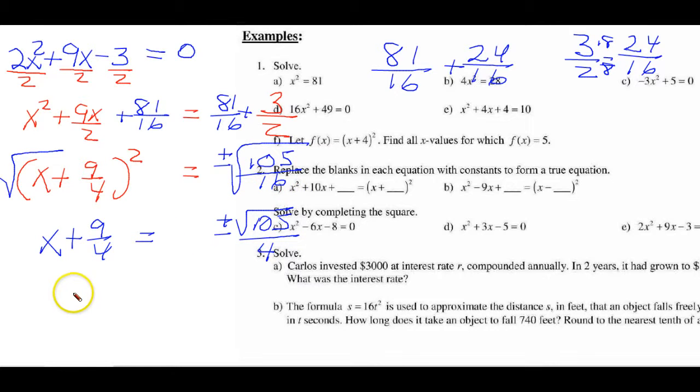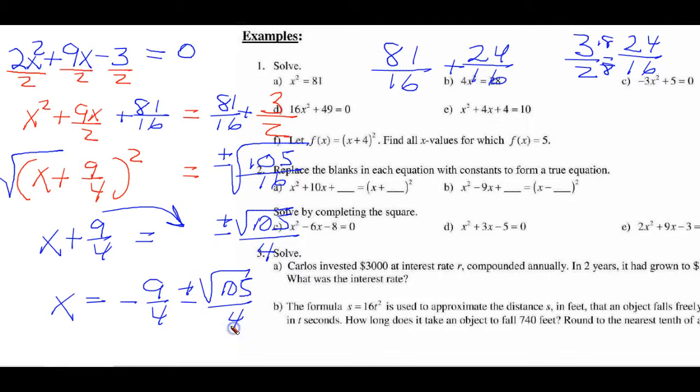Now to solve for x, I just take this term, transpose it, and I get negative 9/4 plus or minus the square root of 105 over 4. Or you can put it all over 4. Again, this one was rather tedious, but there's the work.